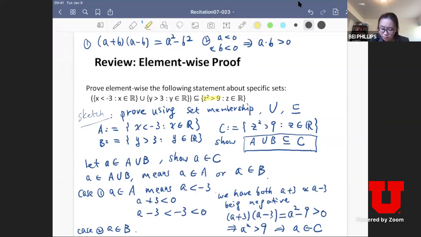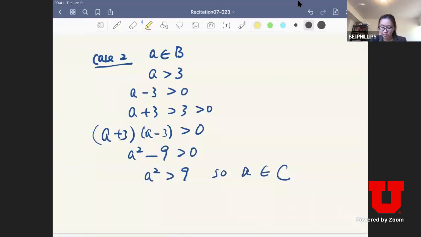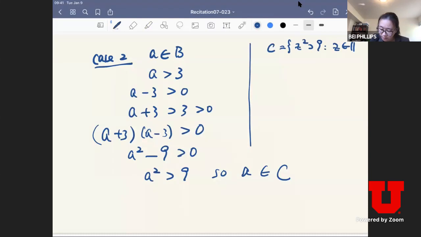The way to guide you is to look at what's the property associated with the elements in the set C. I have something in the form of z squared, and on the right hand side is 9. So if you look at the element in C, the element in C is z squared bigger than 9.